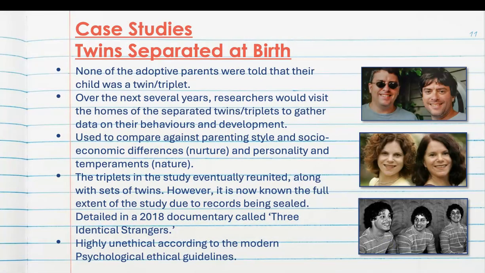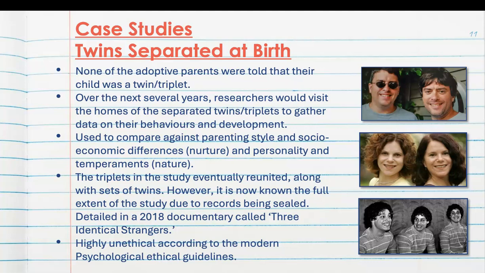So for years, researchers visited the adoptive homes to observe the children's behaviour and track their development. They compared the effects of the environment, such as parenting styles and socioeconomic status, with the influence of genetics, including temperament and personality traits. So again, nature versus nurture. Many of the twins and triplets eventually found one another later in life and uncovered the truth behind the study.